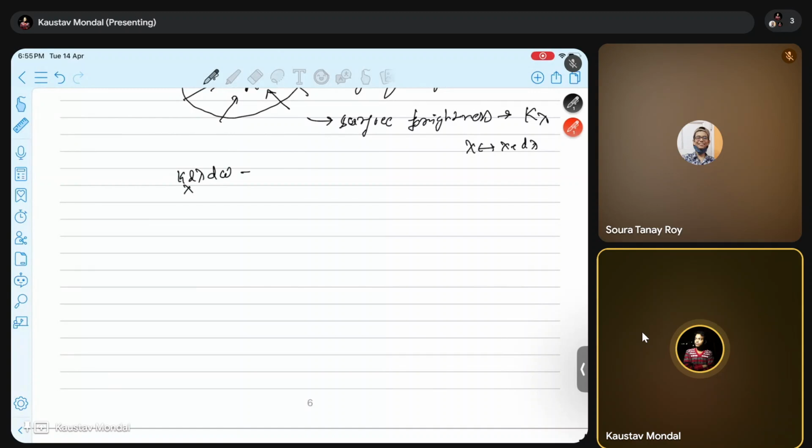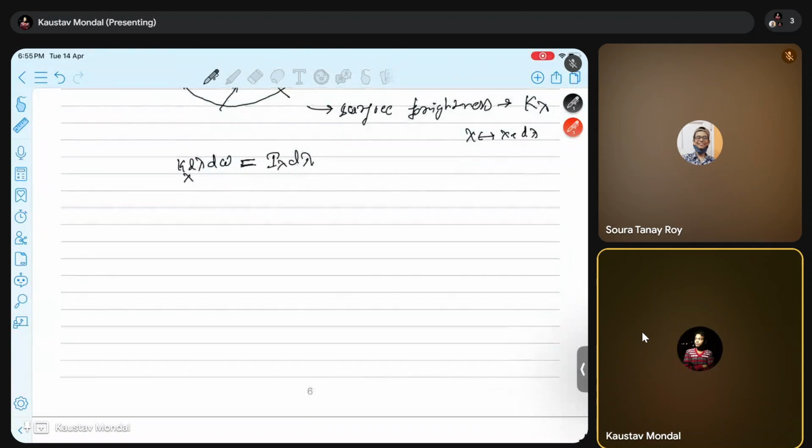And this is nothing but the intensity at that particular point, I lambda d lambda.